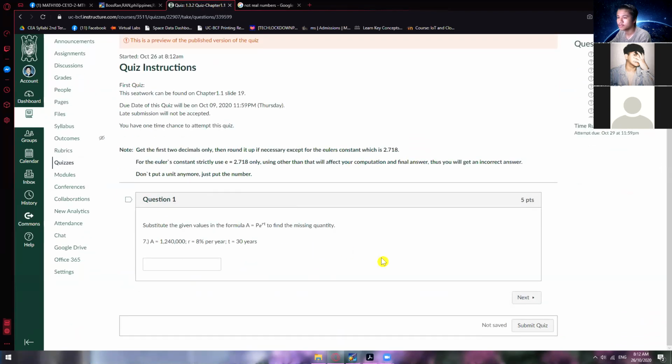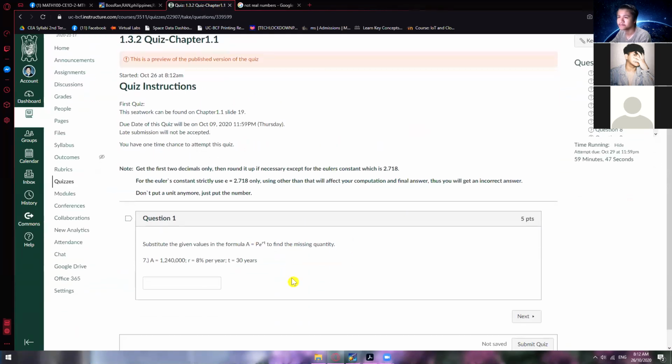Mga random kasi. Isa ito sa mga katanungan mo? Yes, sir, yung kasama dyan.